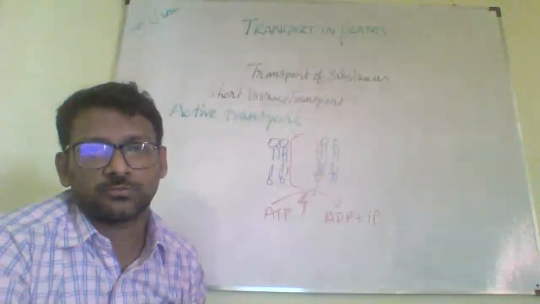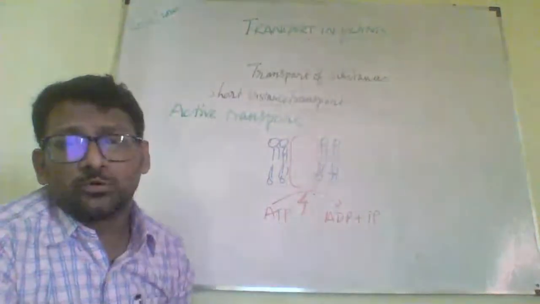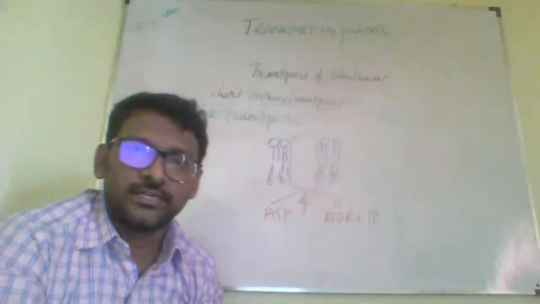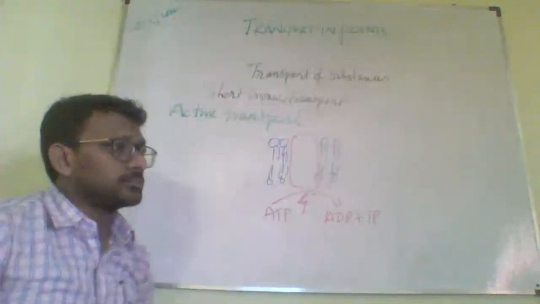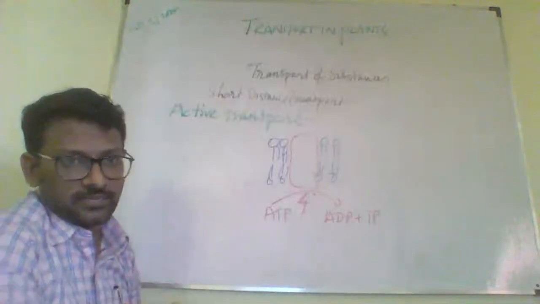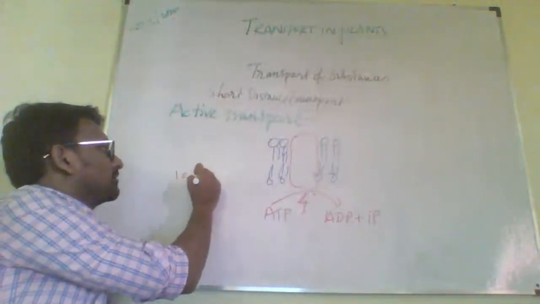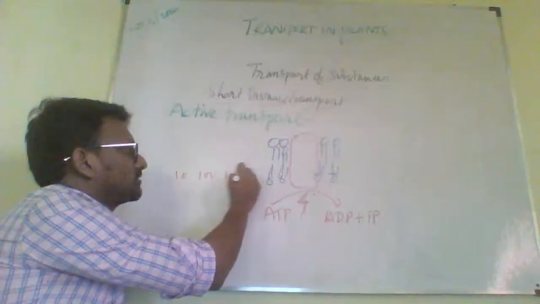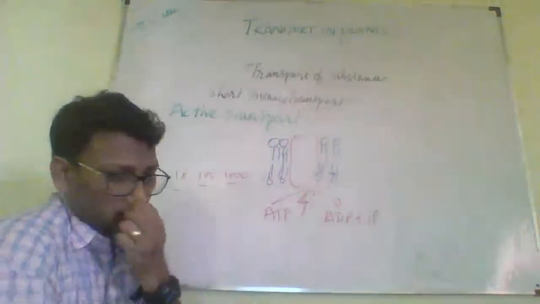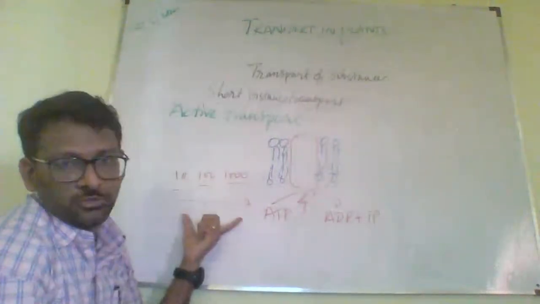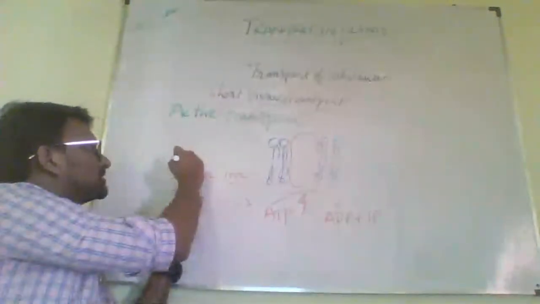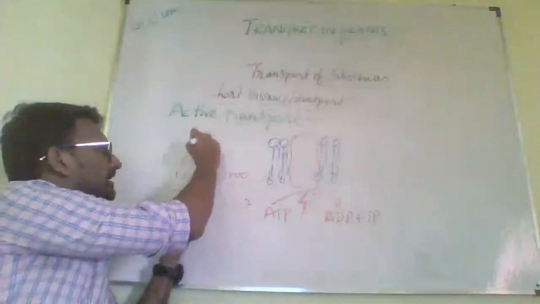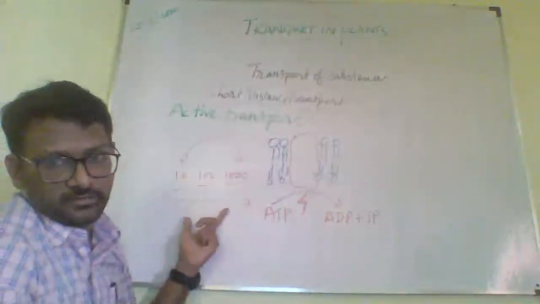But in active transport, these molecules move against the concentration gradient. For example, the concentration gradient is something like this: 10 molecules, 100 molecules, and 1000 molecules. The difference in solute concentration keeps on increasing. So these molecules need to transfer against the concentration gradient.